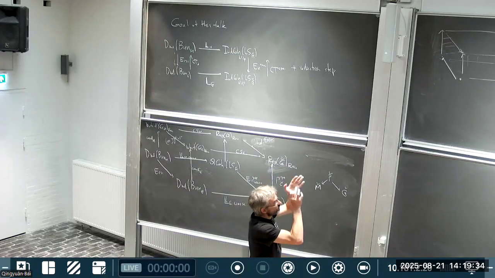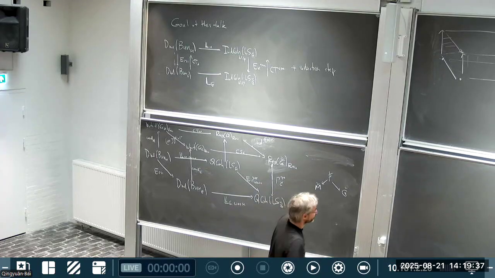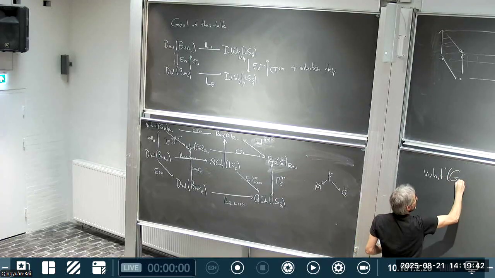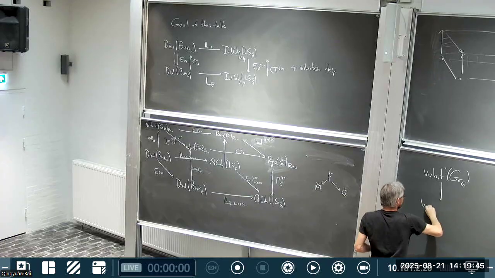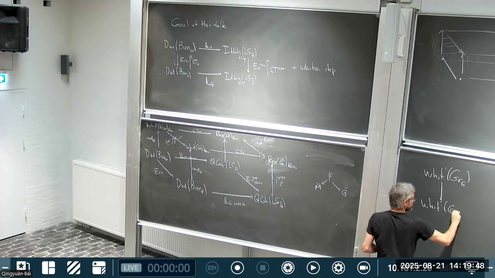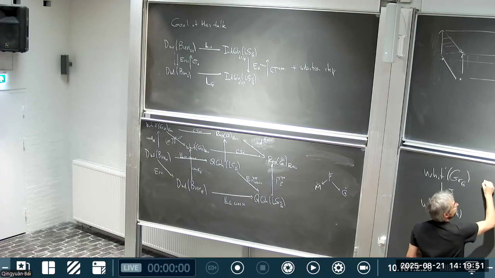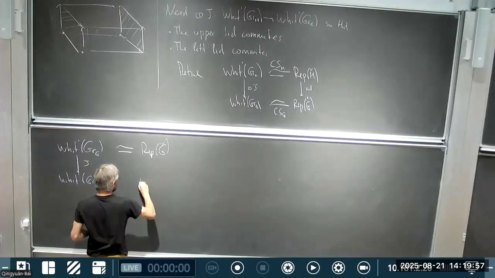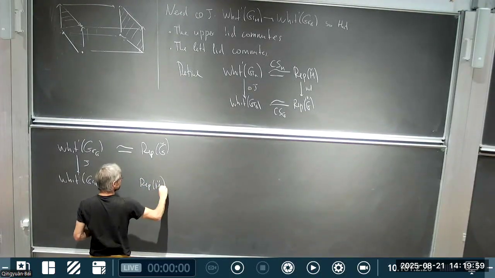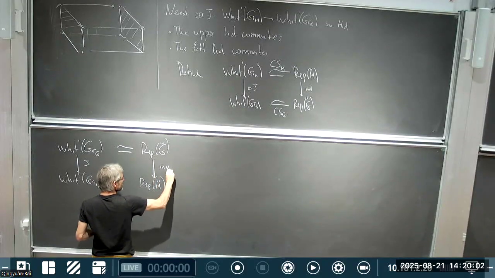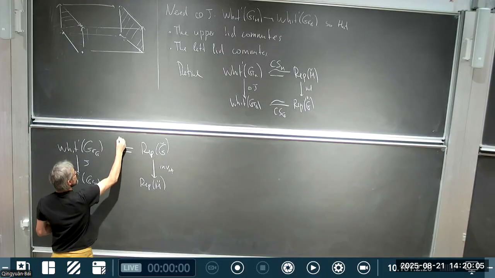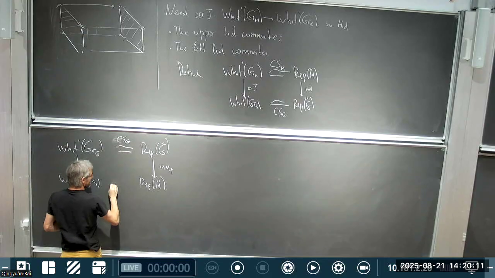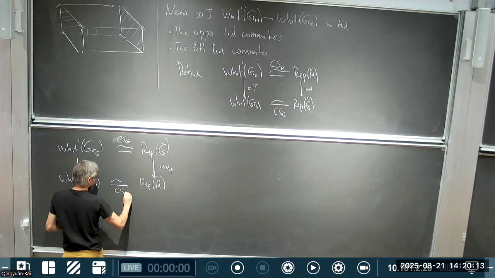So instead of defining this coJ, I'll tell you what J actually is. J will be pointing in the opposite direction. So this is J, from Rep G check to Rep M check, and this will be the functor of invariance with respect to the group.